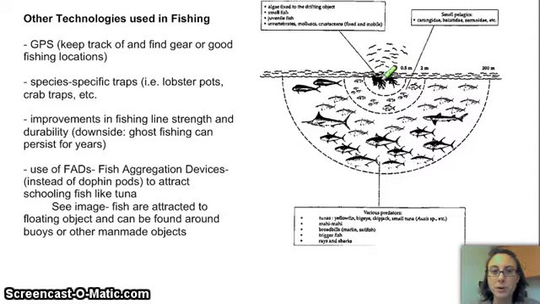And so fishermen will sometimes place that out into the water and go back and be able to find it and catch the fish that hang out around it. So fishing can involve a lot of different technologies, both the nets themselves and some augmentation technology as well.